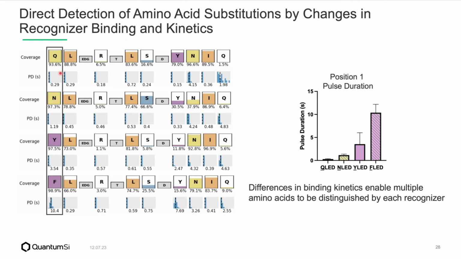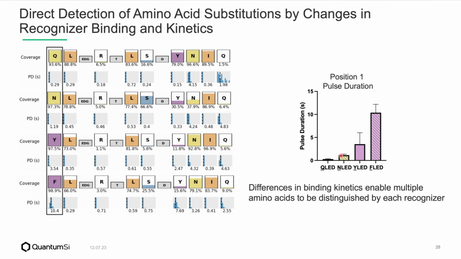As you can see, while we have the same recognizer interacting with this N-terminal amino acid, we get very distinct pulse durations as recorded here on the chip, with the original glutamine residue having a pulse duration of approximately 0.3 seconds compared to the asparagine, where we now have a pulse duration of about 1.2 seconds. And this is represented here in the graph on the right-hand side.